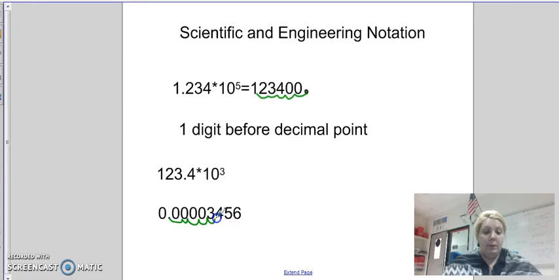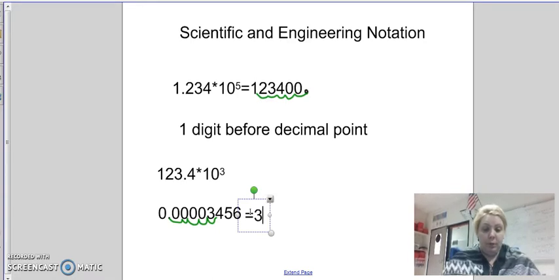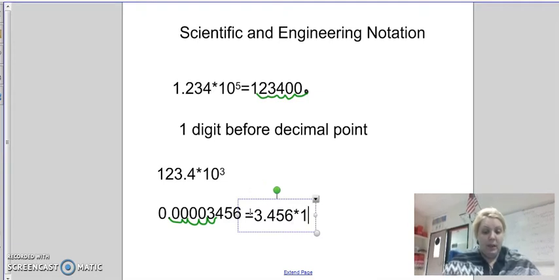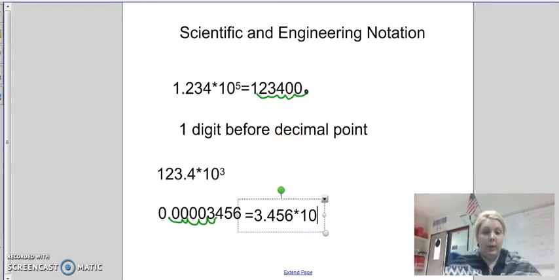Now I finally have 3 in front of my decimal point. I can stop. So now I'm going to write down the resulting number. I have 3 in front of the decimal point, then I have the rest of my number. And now I'm going to count how many times I went. So let's see, I went 1, 2, 3, 4, 5. So it's times 10 to the negative 5.